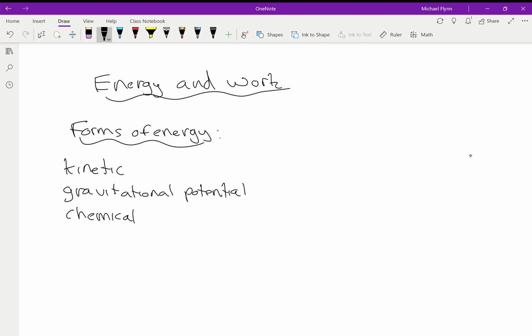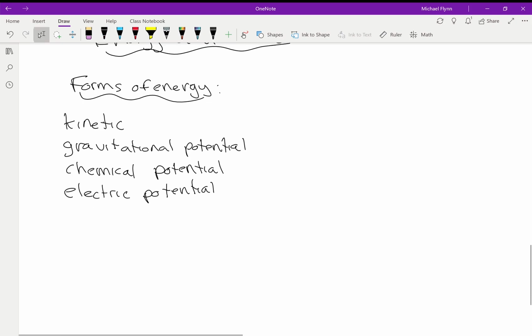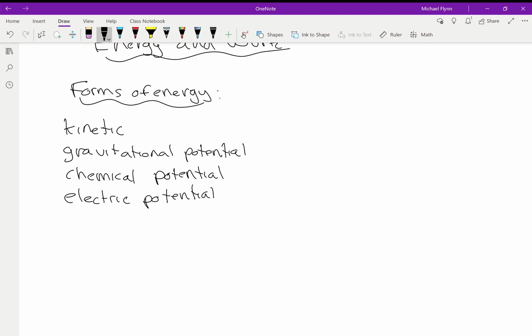Chemical bonds have energy that we call chemical potential. Electric potential. Electricity can do work, right, on something. What else? Elastic potential.